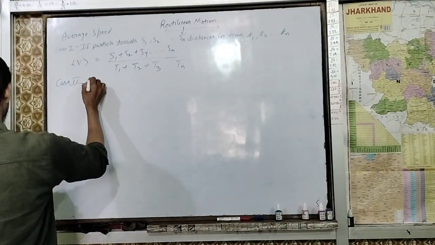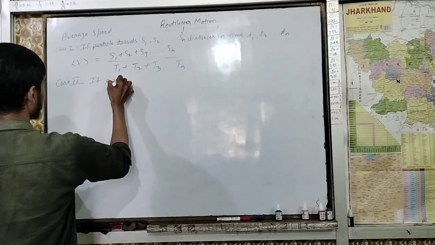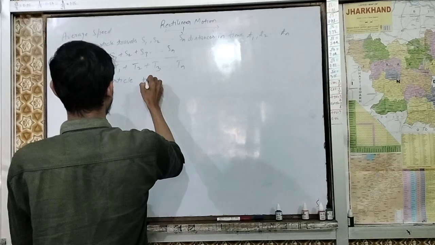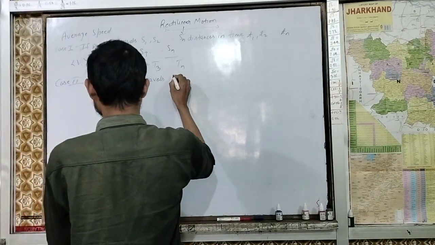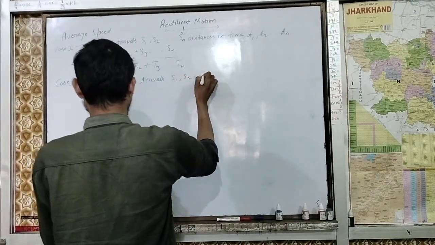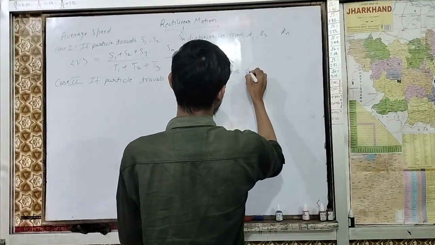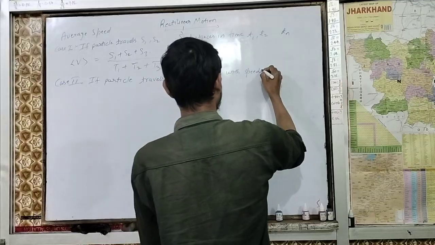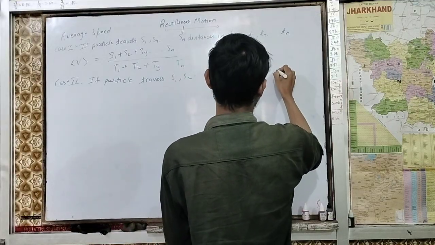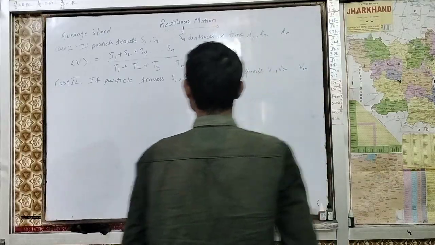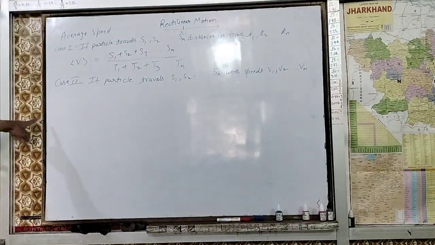Case number second. If a particle travels s1, s2 till the sn with speeds v1, v2 till the vn, look at it. Time is not given. In the second case, time is not given. Now, how to calculate time?